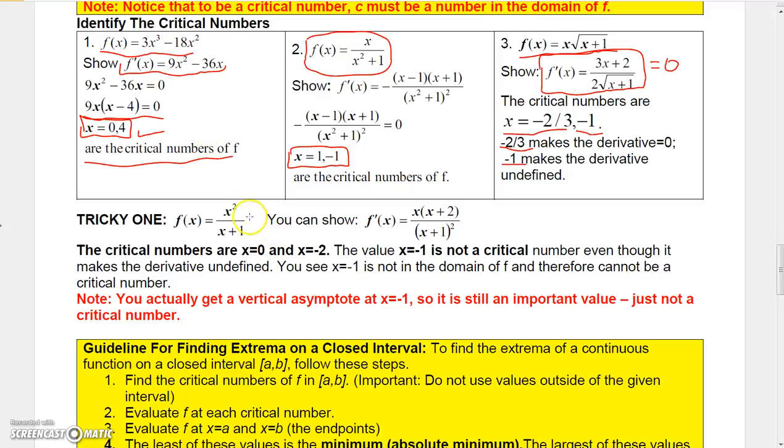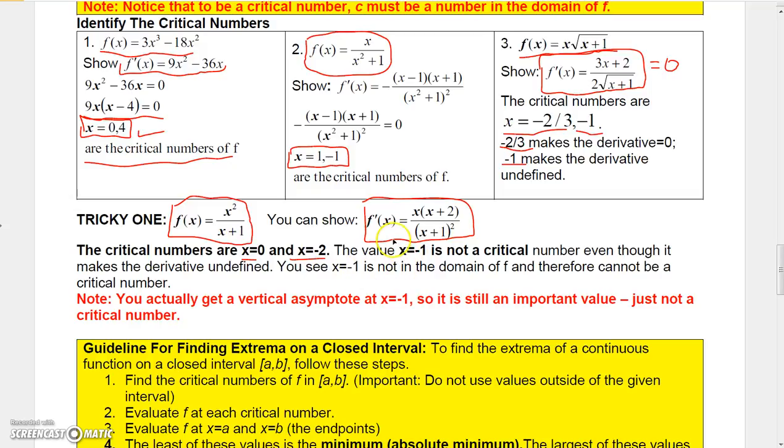Here's another one. If you take this one, you can actually show that the derivative is this. All right, well, you'll see that the critical numbers are 0 and negative 2.